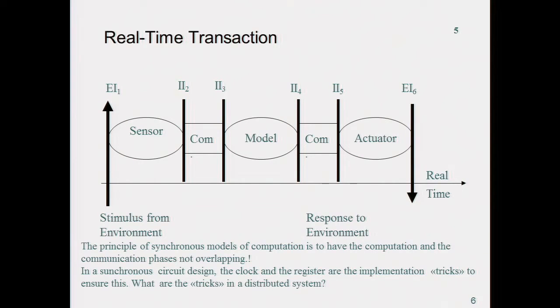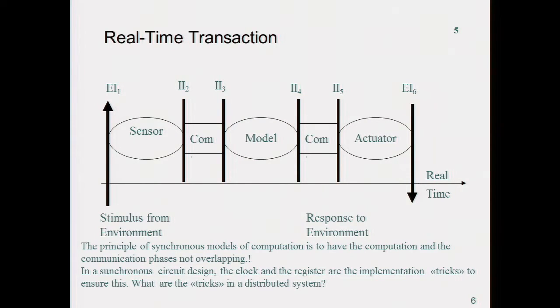So now, what is the goal of the synchronous paradigm? The synchronous paradigm is to have the computation and the communication occur in non-overlapping phases. So if there are not overlapping phases, then you can put order in this gigantic mess.